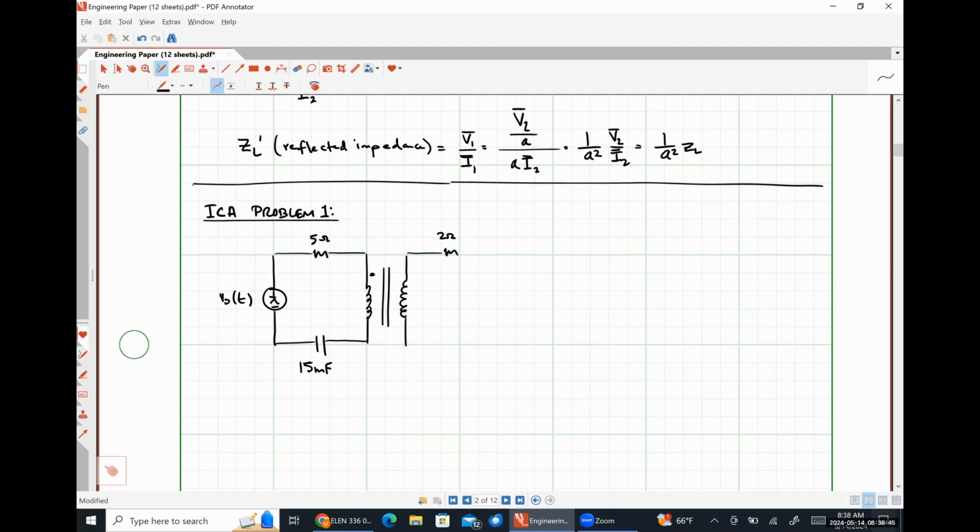Here's a 2 ohm resistor, a 20 millihenry inductance. I'm going to put my dot down here.